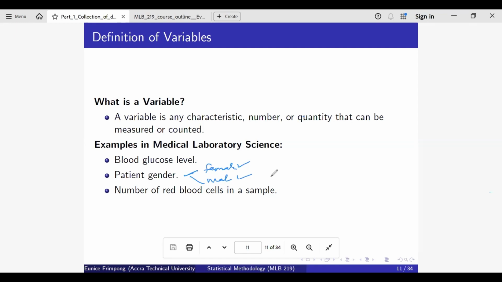So we are saying that gender is a variable because it can assume different values or characteristics at different times. Okay. Right. Now, blood glucose level is also a variable because based on who you test, you get a different blood glucose level. And then there are many other examples we can talk about.